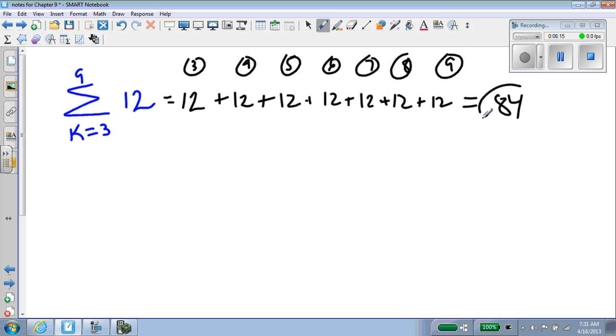So that's 84. I know that's right. This is interesting. You might have wanted to do this without writing it out. And if you thought that from the third term to the ninth term was 6 terms, we can see 1, 2, 3, 4, 5, 6. It's 7 terms. So from the third term to the ninth term, don't just think that we're subtracting to get the number of terms. There's actually 7 terms in there.